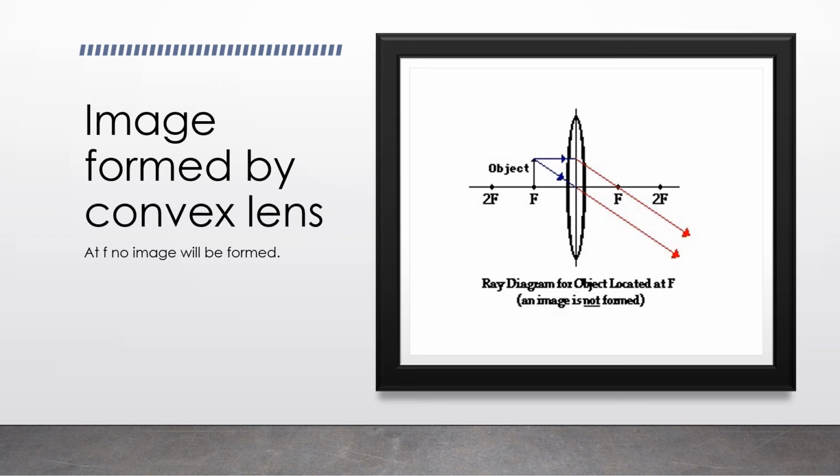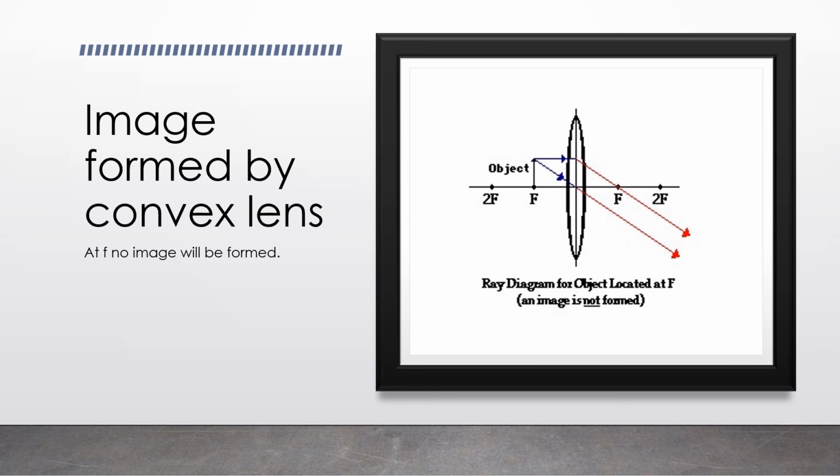If I place my object at the focal point f, no image will be formed, because after moving through the lens the rays will be parallel, and parallel rays never meet each other.